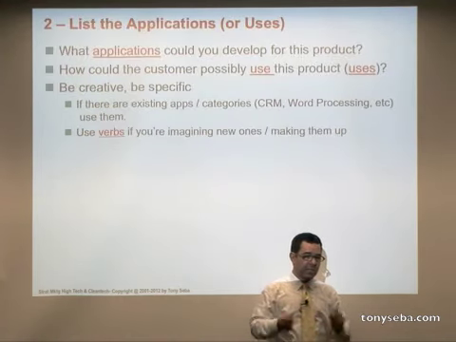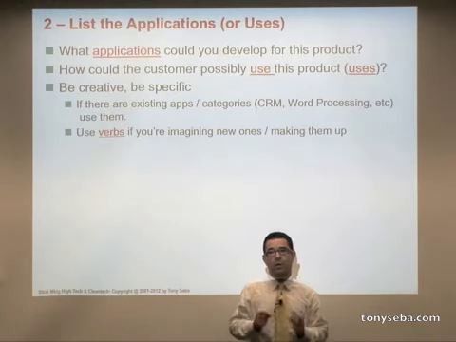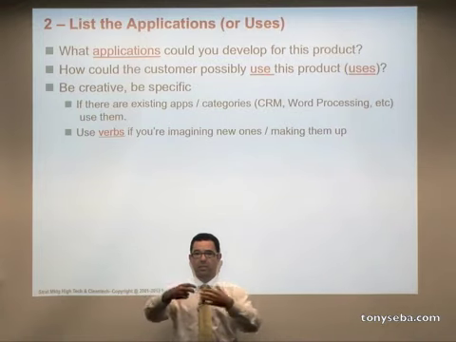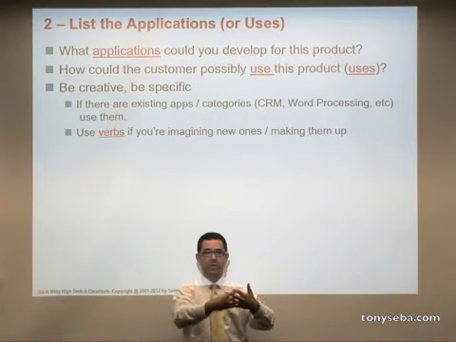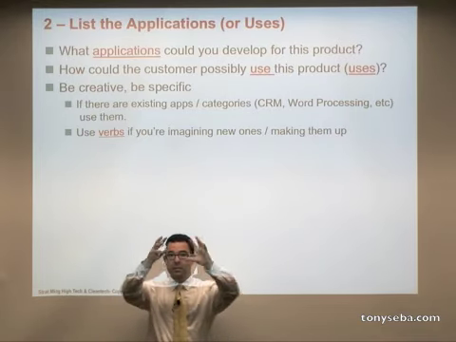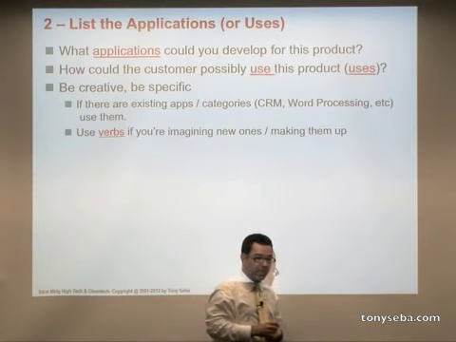2, list the applications or uses of your product. So our technology that converts heat to power still is a technology, so we can still conceptualize what products we can develop. Okay?